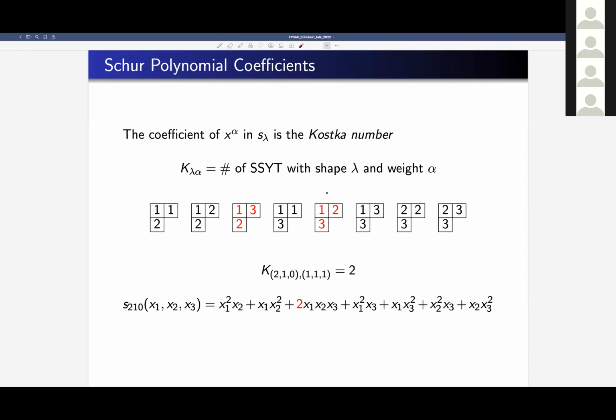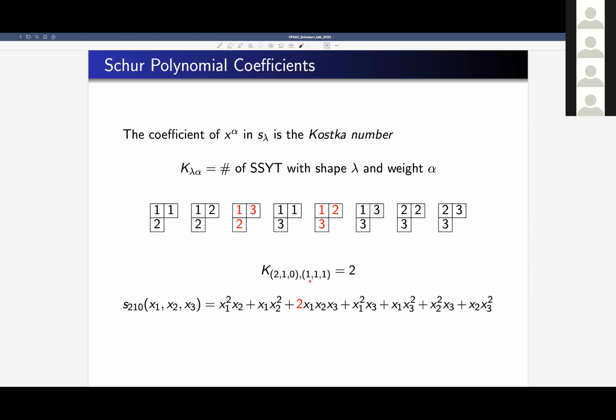So the coefficients of the Schur polynomials are called Kostka numbers. By our combinatorial definition of Schur polynomials, the Kostka number K lambda alpha is the number of semistandard Young tableaux with the shape lambda that is indexing our partition and a particular weight alpha.